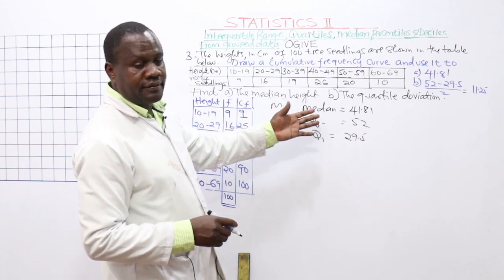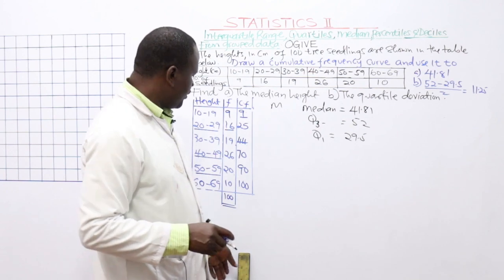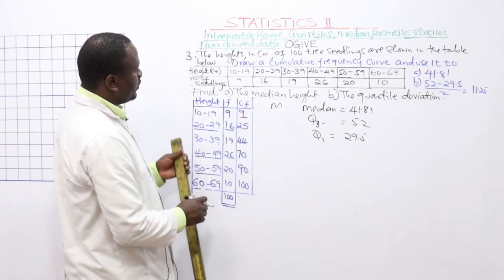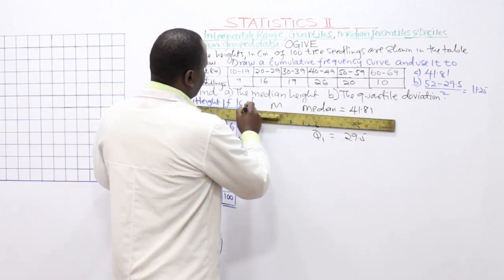An ogive is a cumulative frequency curve. All we have to do is get the cumulative frequencies like before, then get the upper class limits.